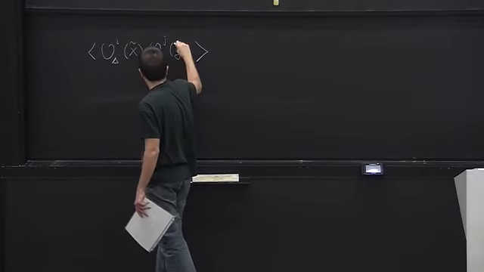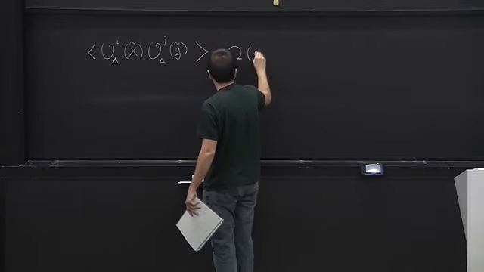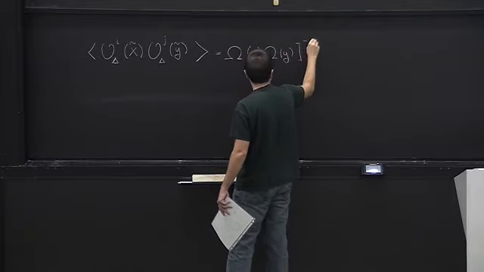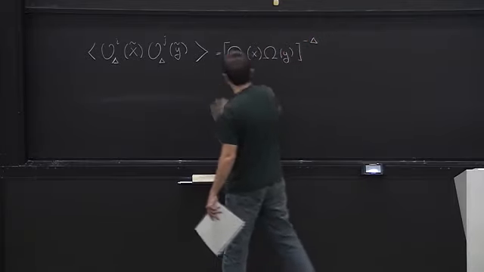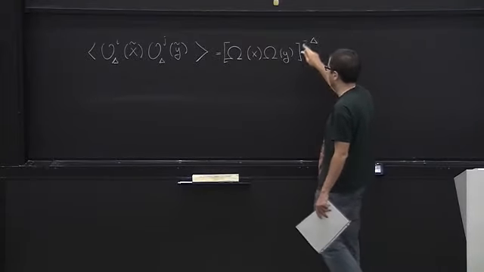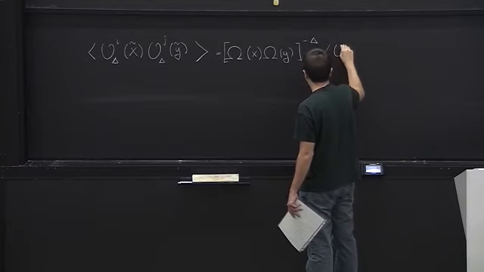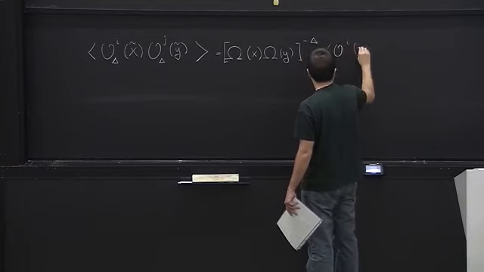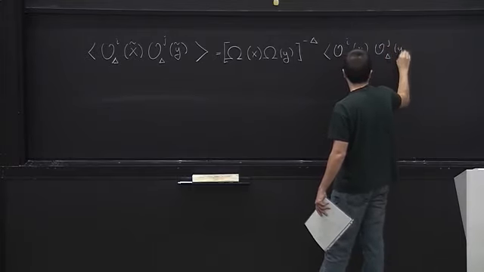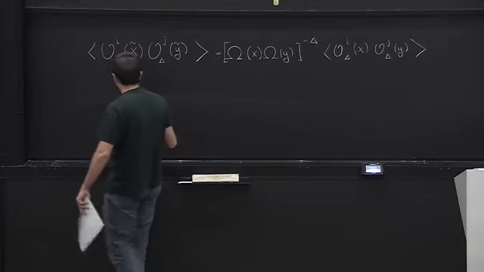So when we have some tilde, this is equal to omega of x, omega of y to the power minus delta, times the correlation function OI of x, OJ of y.